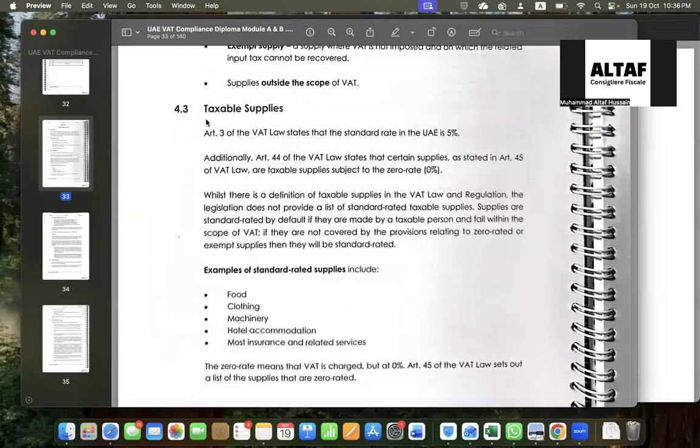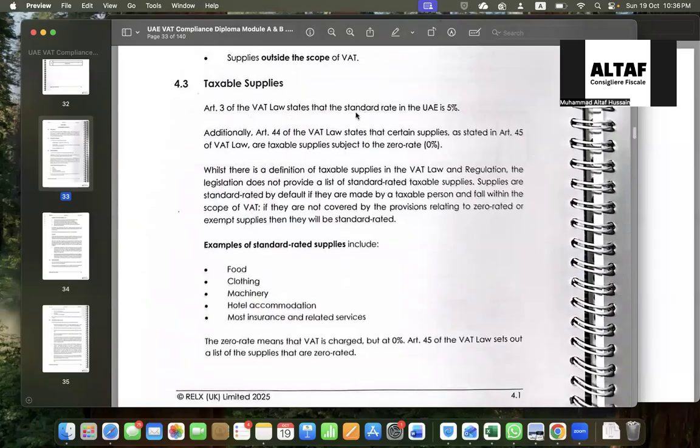Now, the first category was taxable supplies. Article 3 of the VAT law states that the standard rate in the UAE is 5%. That's the standard rated supplies. But that's not the only rate. Another type of taxable supplies is where the rate is 0%.